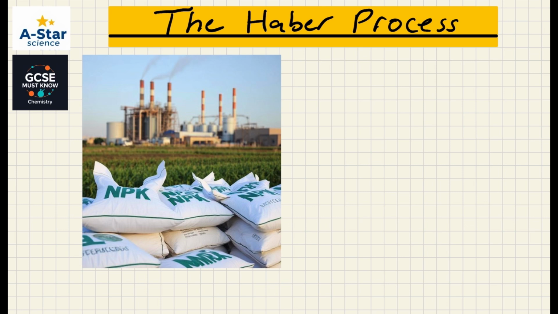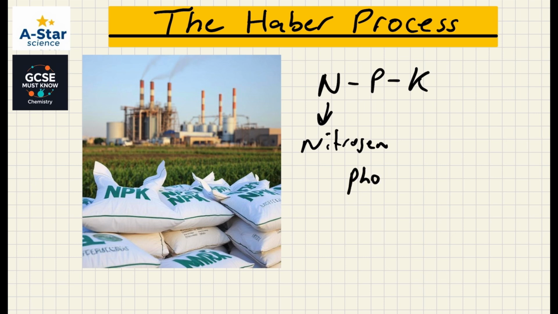Today we're going to be talking about the Haber process. And I have an image on the screen of bags of fertilizer. You know it's fertilizer because it has the initials NPK on it, where N stands for nitrogen, P stands for phosphorus, and K stands for potassium.